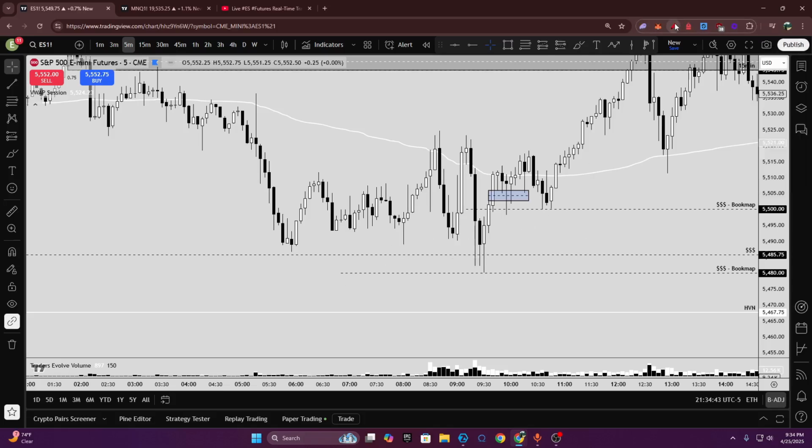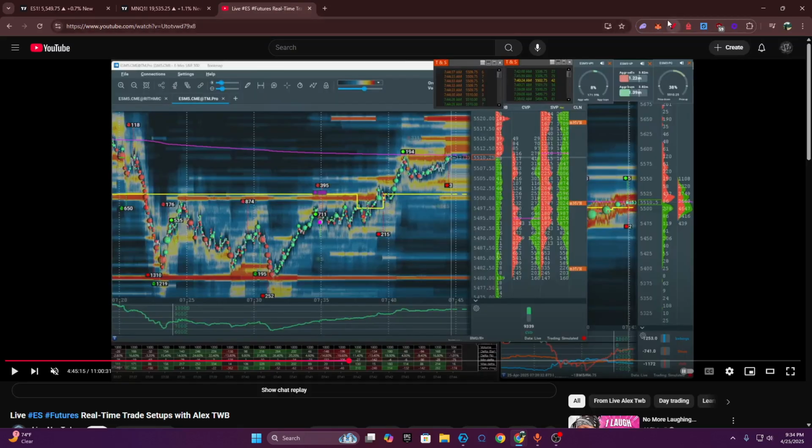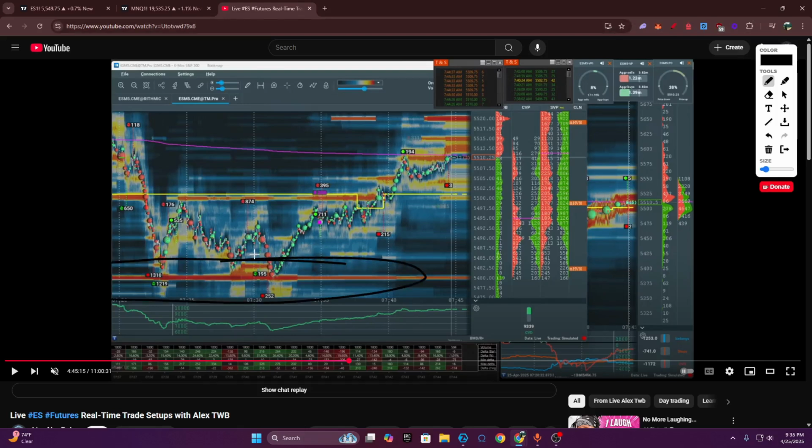So our chart liquidity and Bookmap liquidity lined up to form a great confluence within the market. And typically when you have something that aligns that well, it is a higher impact or higher value to us as traders. And you can clearly see that Bookmap liquidity right there.